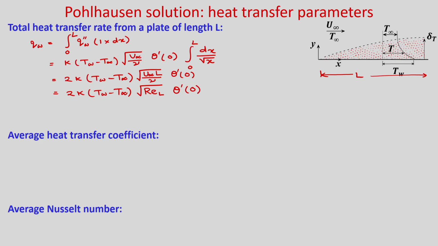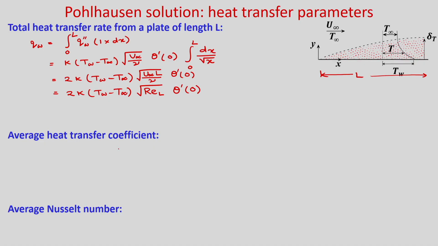Once you know the total heat transfer rate, you will be able to calculate the average heat transfer coefficient. So, the average heat transfer coefficient we will calculate, h bar, as Q_w divided by (T_w minus T infinity) into area. This is Newton's law of cooling.